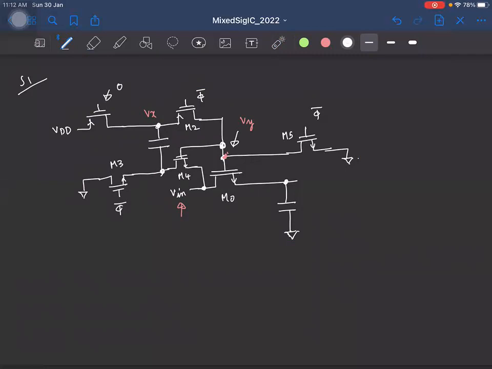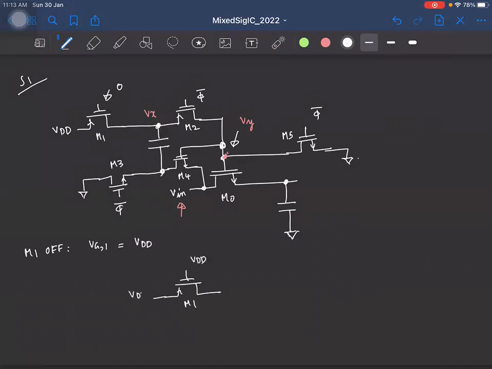And let us say we want to turn the switch off. If I call the transistor M1, to turn M1 off, we need to connect the gate voltage to... if we try to connect the gate voltage to VDD, what will happen is the following. This is M1, this is VDD, right?